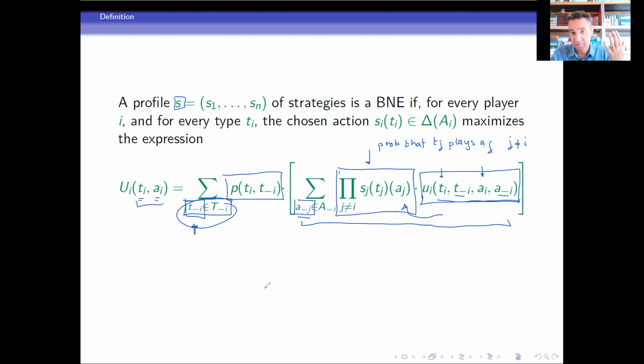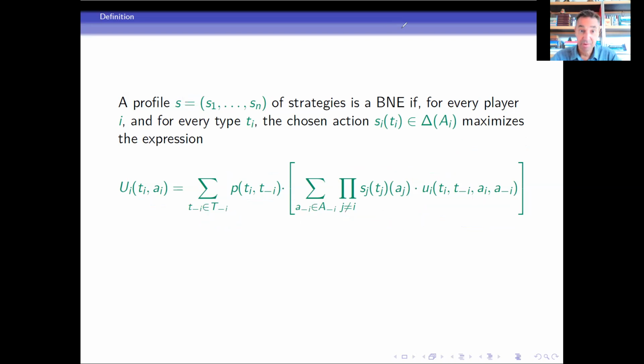So the average payoff, you could say, given all the probabilities involved in all the choices and the prior. So it's quite an impressive expression. But if you think about it, this is exactly what it should be. And this is saying that the action that you choose maximizes that particular expression.